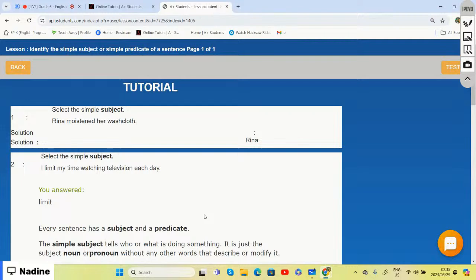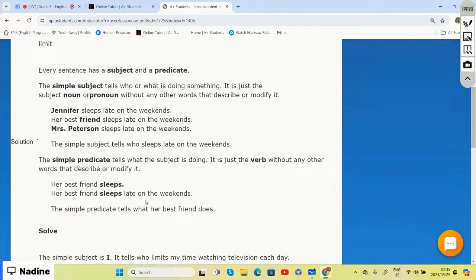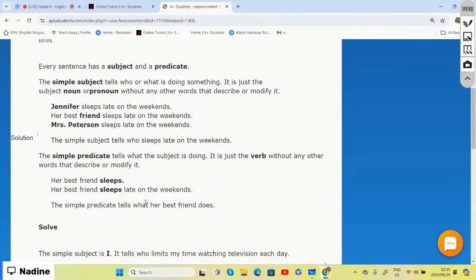So the simple subject or the simple predicate. So when it comes to a simple subject, each sentence has a subject and a predicate, right?